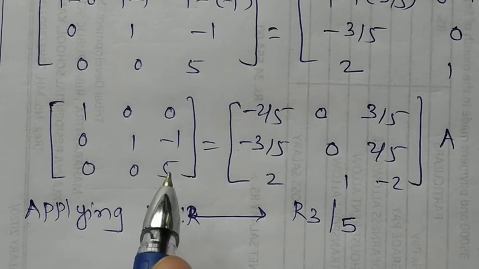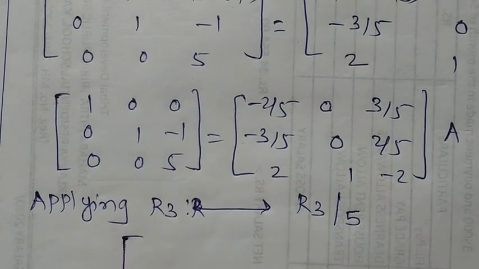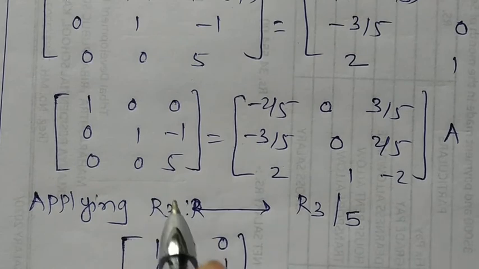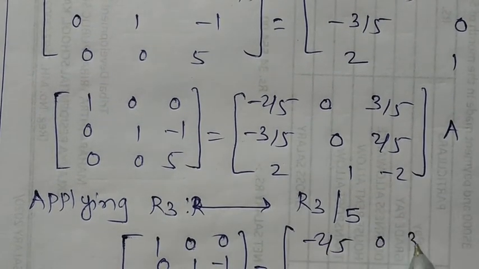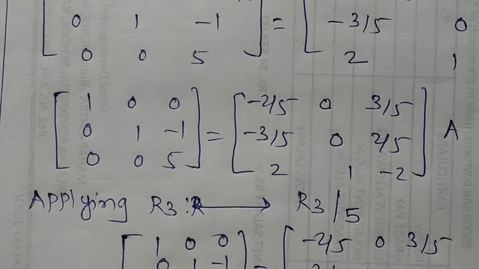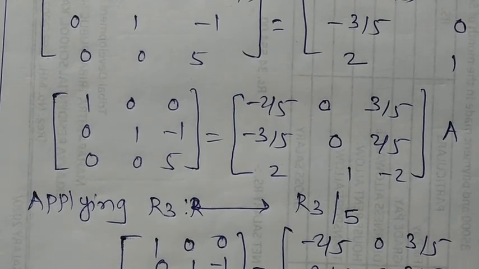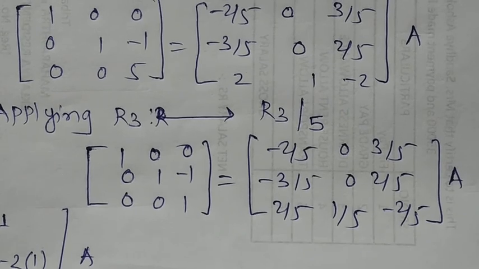Then it becomes 1 0 0, 0 1 minus 1, 0 0 1, divided by the same number. We can do the same here: minus 2 by 5, 0, 3 by 5, minus 3 by 5, 0, 2 by 5, then 2 by 5, 1 by 5, and minus 2 by 5 times A. So step 5 is completed.